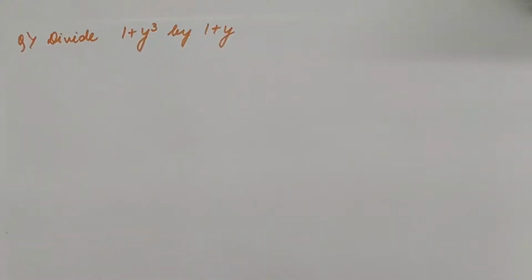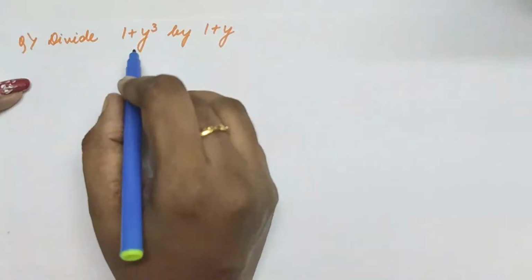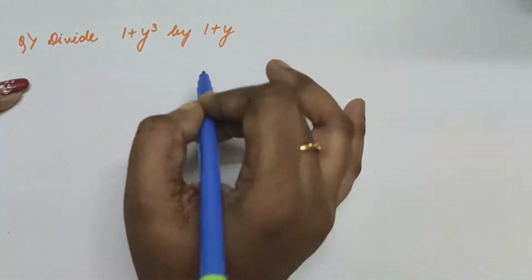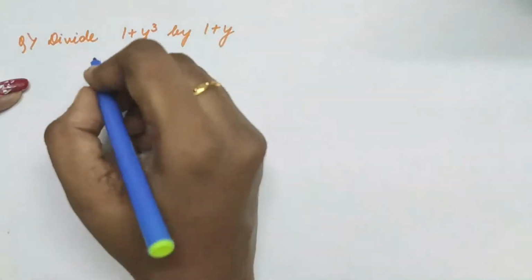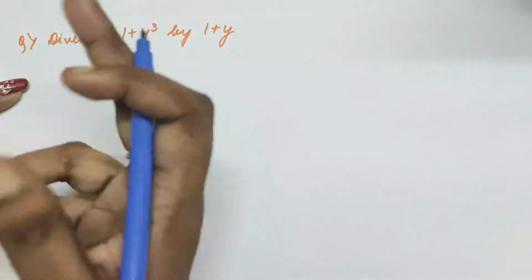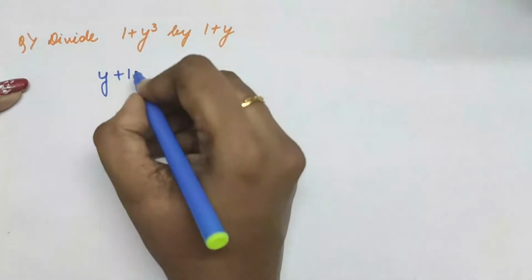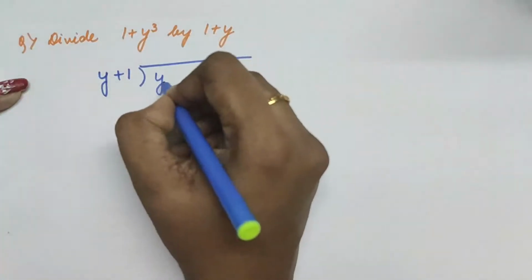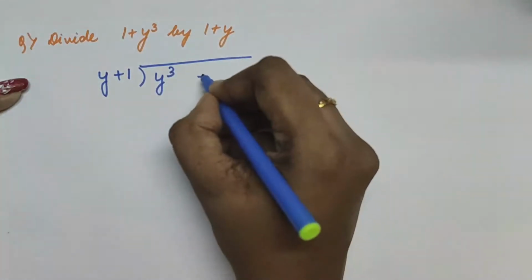Moving to the last question, which looks a little tricky but is easy if you try it out. This is again polynomial division by polynomial, but this is not arranged. So we will write y plus 1 because the power of y should be 1 and here there is no y, so the power is 0, and here this should be y cube plus 1.